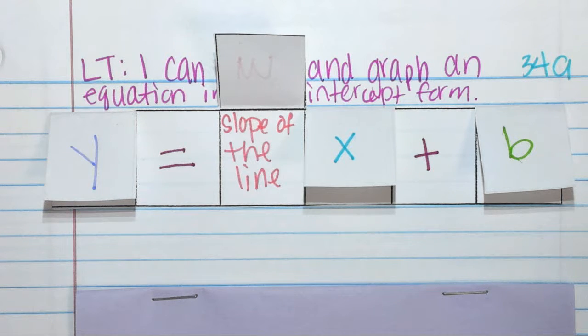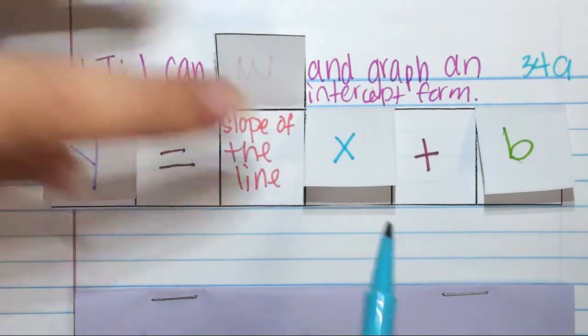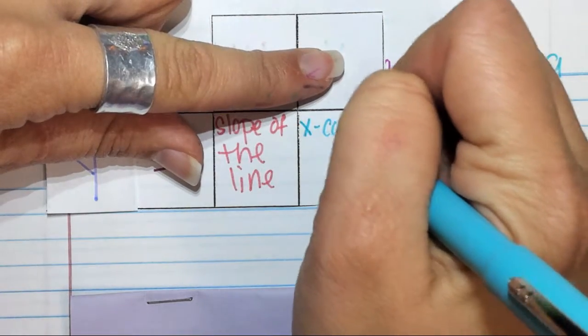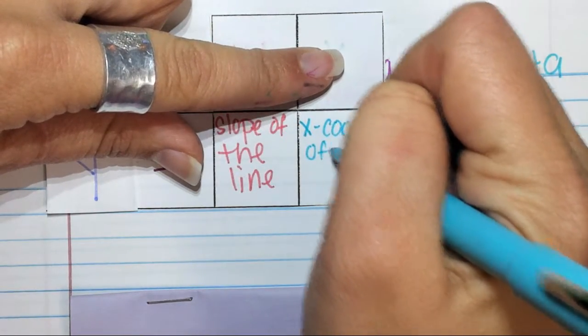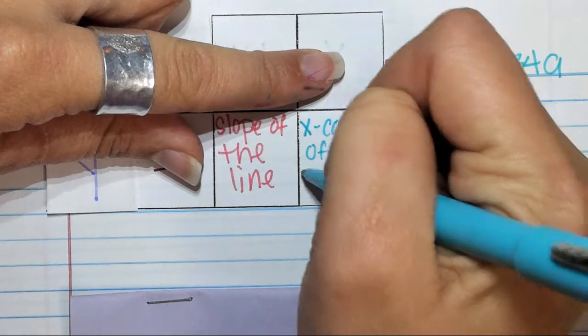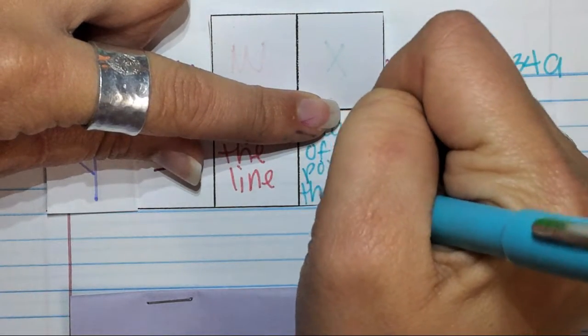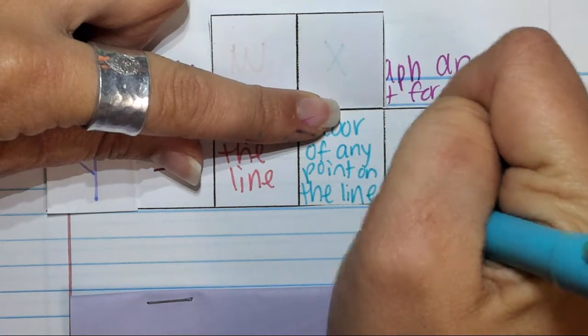It's the x-coordinate of any point on that line. Good, take a point, children. So let's open the x flappy. It's the x-coordinate of any point on the line.